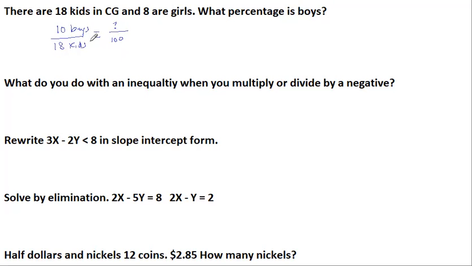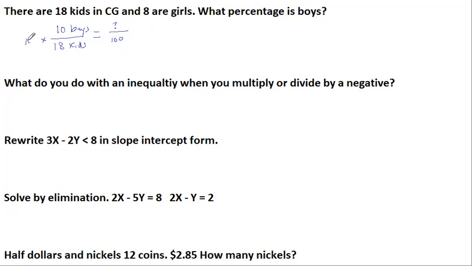At this point, you could solve it by multiplying this 100 over here and then multiplying the 18 over here and dividing. So let me show you what that looks like.